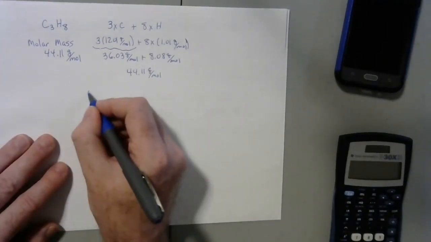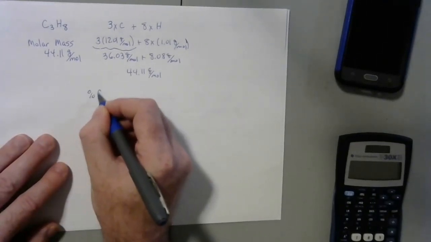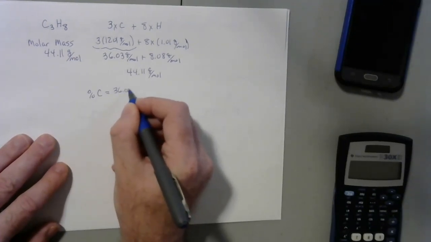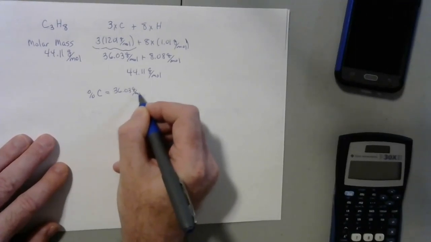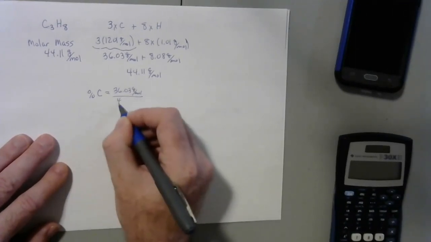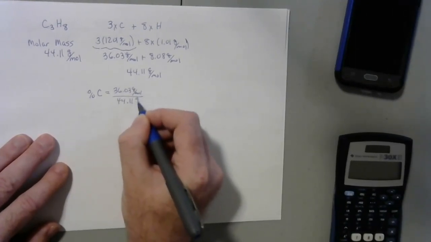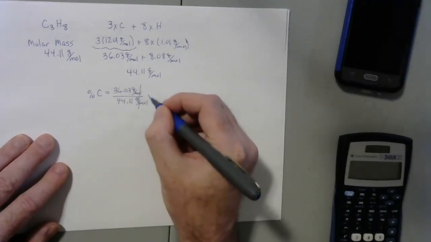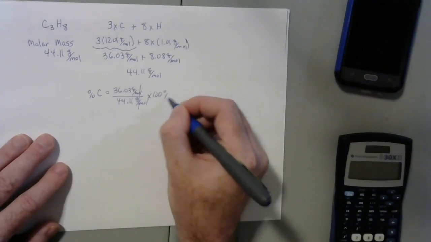So if we calculate percentages, the percent of carbon is going to be 36.03 grams per mole divided by 44.11 grams per mole. We can see those units cancel, times 100%.